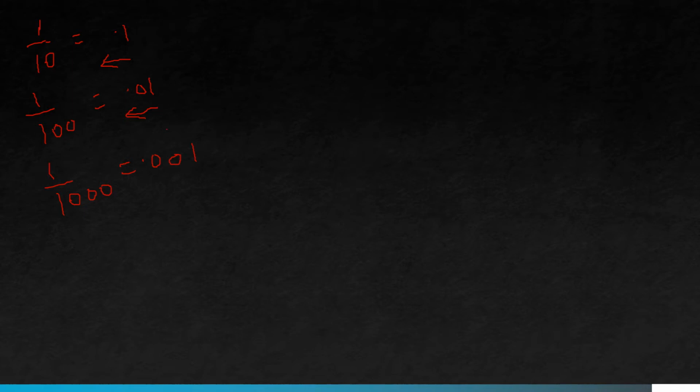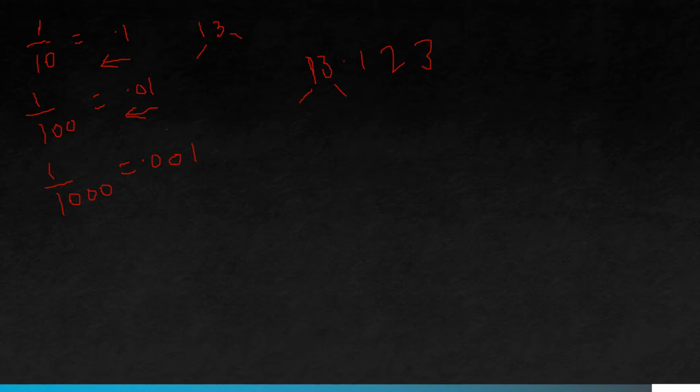Let's say I have an example of 13.123. If we have simply 13, this is the unit place, and this is the 10th place. Similarly in 13.123, this is our unit place and this is our 10th place.